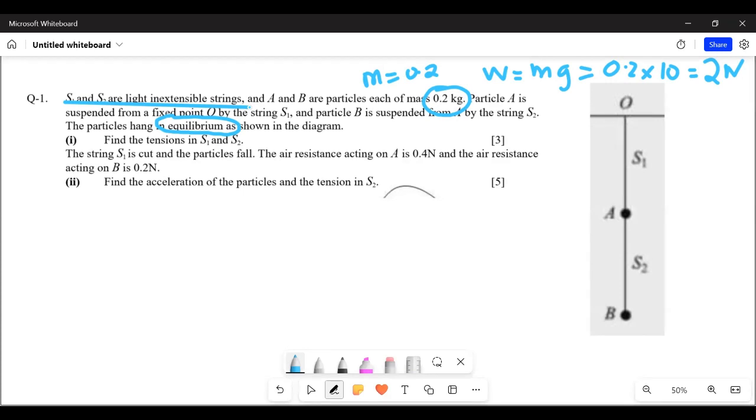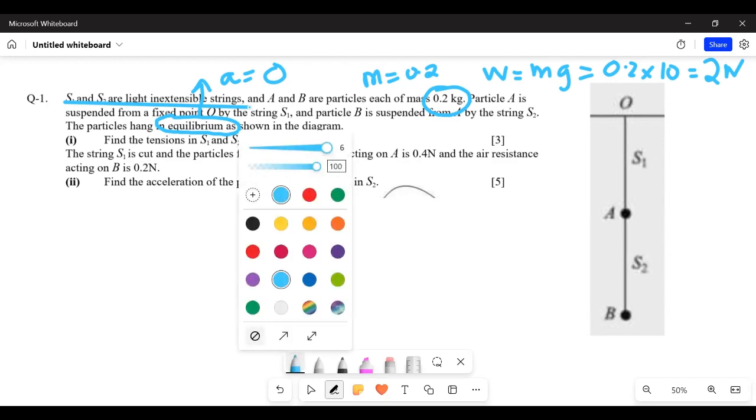That means this system is not moving at all. So acceleration is 0. In forward force minus backward force equals MA, we would make acceleration 0. Find the tension in S1 and S2.